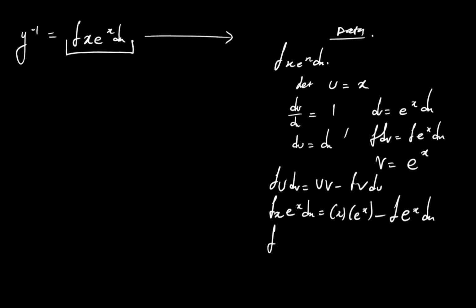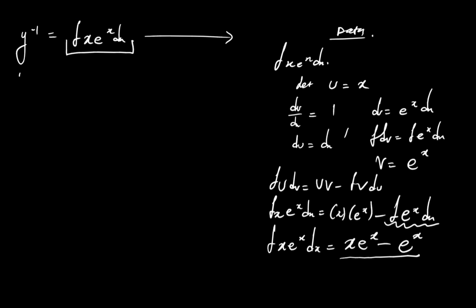So I have the integral of x e to the x dx being equal to x e to the x minus e to the x, because this part will not change. The integral of e to the x will just be e to the x. Now be mindful that this is the right hand side which is being solved, so we expect the arbitrary constant to be there.